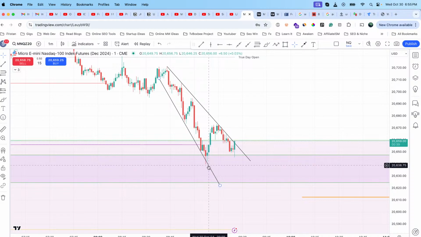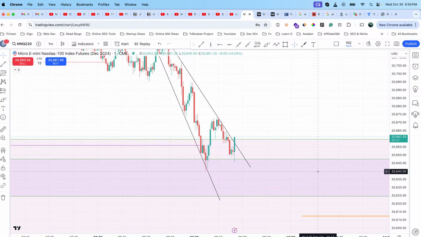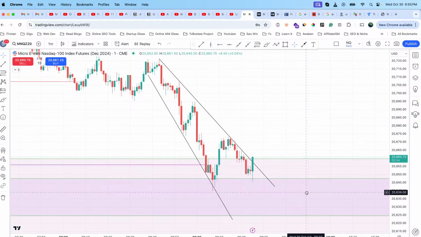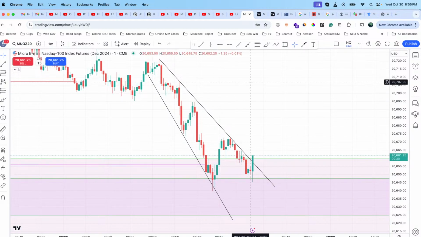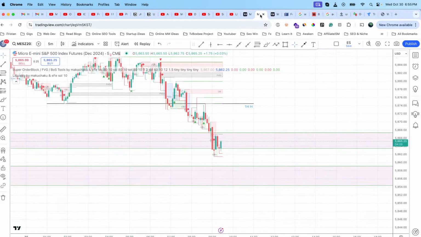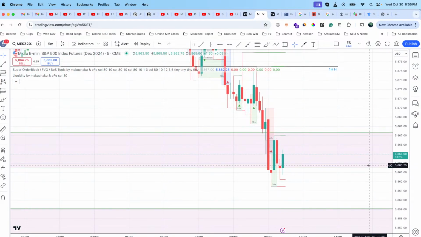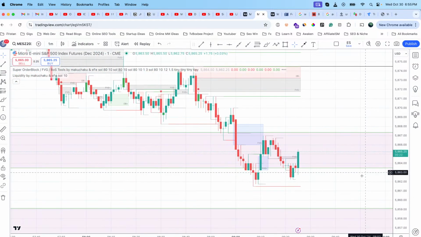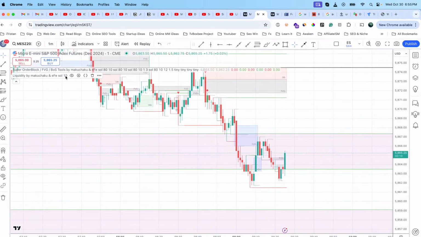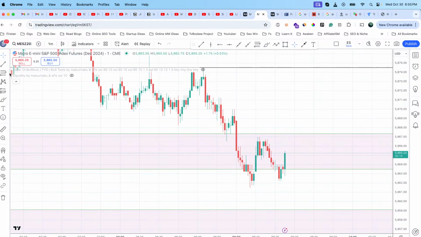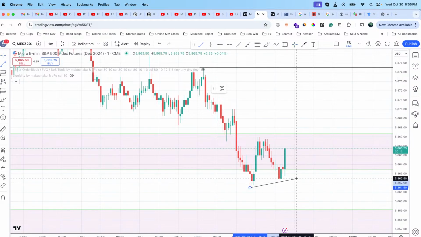come on, take out the low. Okay. So it came back down here. Let's see if there is any. So you can see what's happening here is we have a.